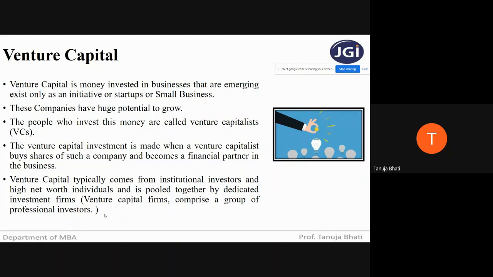So venture capital is invested only by those investors who have high net worth, because it is an investment in a startup and we are not certain whether the business will do well or not. So is this clear?